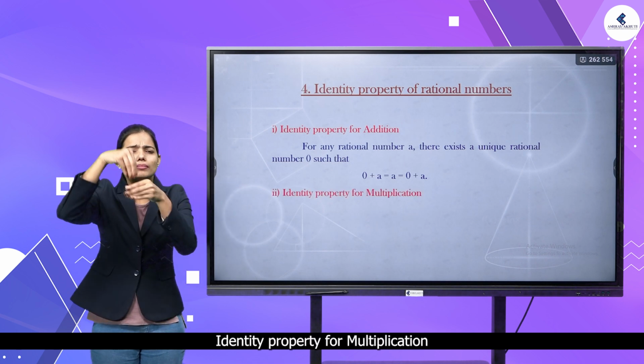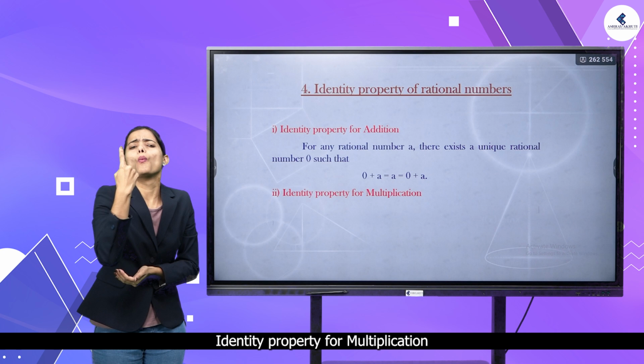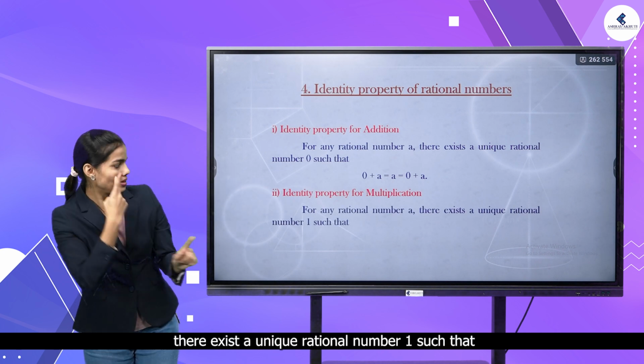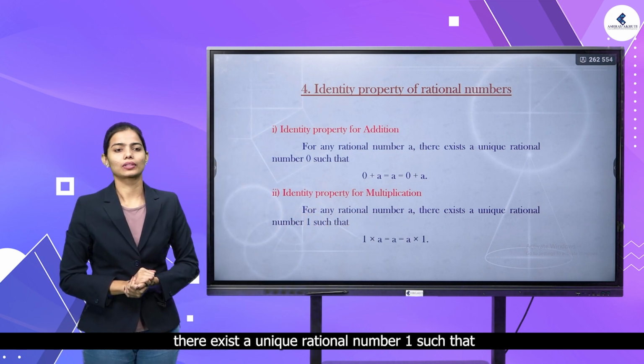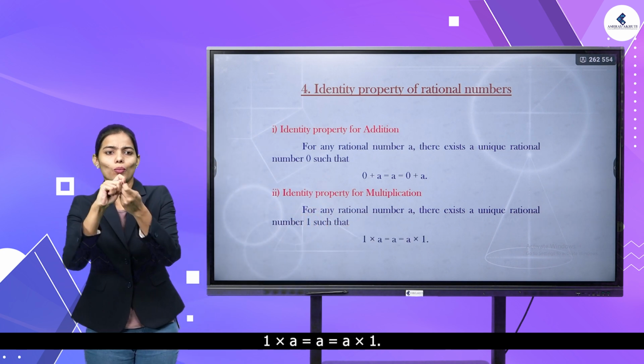Identity property for multiplication. For any rational number a, there exists a unique rational number 1 such that 1 into a is equal to a is equal to a into 1.